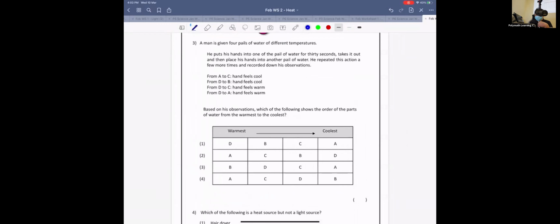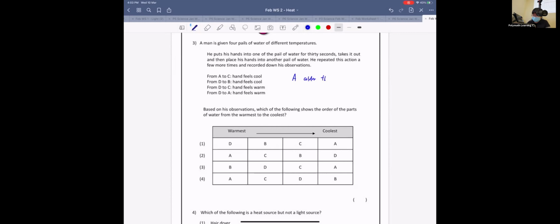This one is actually quite difficult also. From A to C, his hands feel cool. From D to B, his hands feel cool. So if from A to C his hands feel cold, that means A is colder than C.